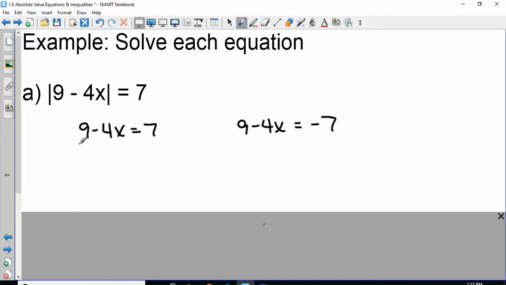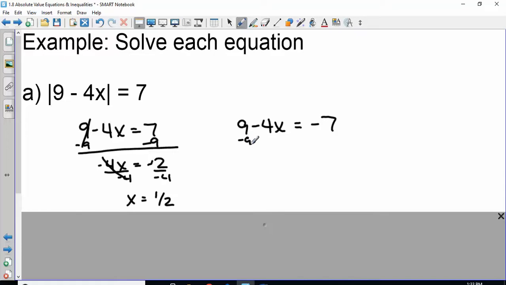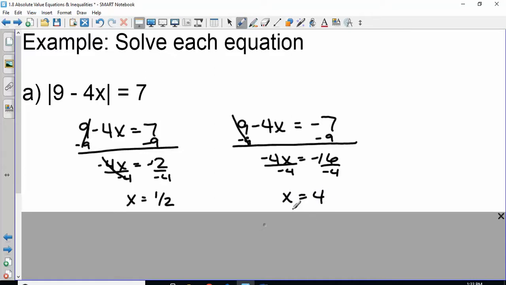And then we just solve those. So let's subtract my 9. Negative 4x equals negative 2. Divide by negative 4. X is 1/2. The other one, if we subtract our 9, divide by negative 4, we get x equals 4.